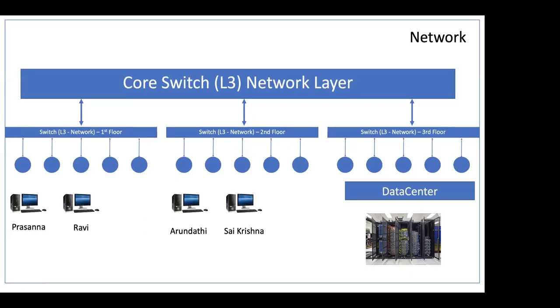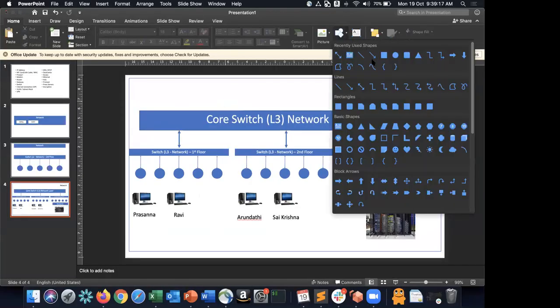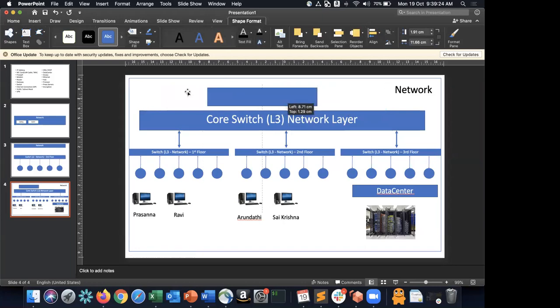Okay, so now what happens if I want to browse the internet? What happens if I want to browse something which is on the public internet? Correct. So that is when you will need a router or a modem.